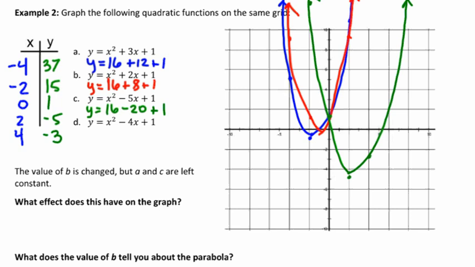Okay, one more. Do in black. Let's keep our x values again. Negative 4 squared is 16 minus 4 times negative 4 is going to be plus 16 plus 1. 16 plus 16 plus 1 is 33. Negative 2 squared, 4 minus 4 times negative 2 is plus 8, plus 1 is 13.